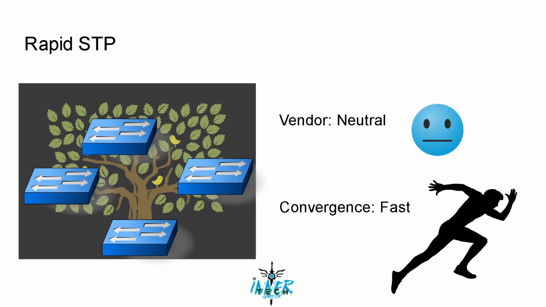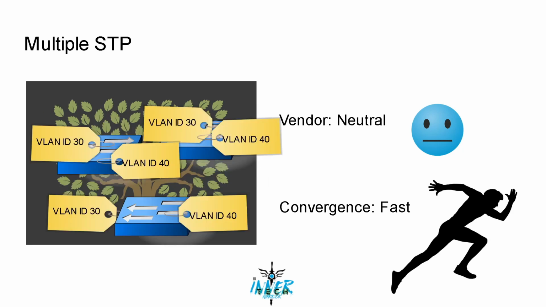Rapid STP is faster in responding to changes and improves on the classic STP. This one, too, is vendor neutral. Multiple STP is similar to per VLAN spanning tree, but it can also group VLANs to optimize resources. It's more scalable and, again, vendor neutral.